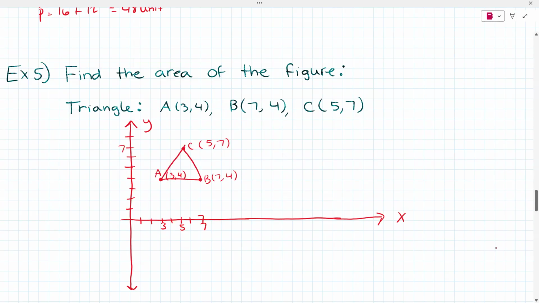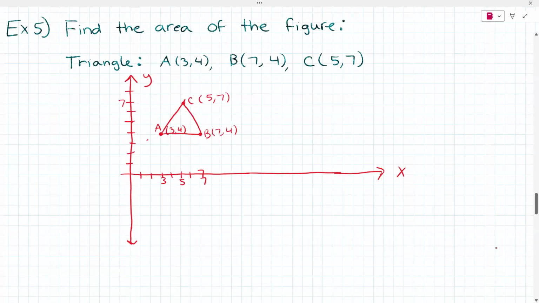Okay, what do we know? We've got to find the area. To find the perimeter, we'd need all side lengths, and we don't have them. What we have are points: A is 3,4, C is 5,7, B is 7,4. So let's find the distance between A and B. How would we do so? We would use the distance formula. If you recall, the distance formula is the square root of x2 minus x1 squared plus y2 minus y1 squared.